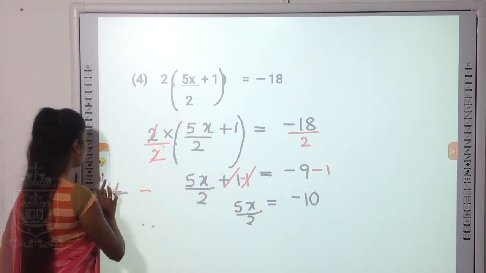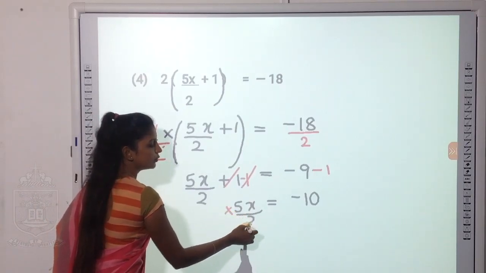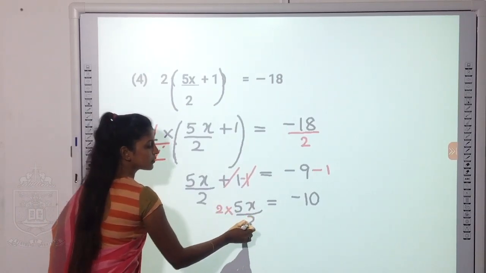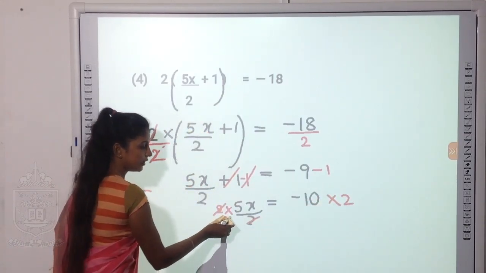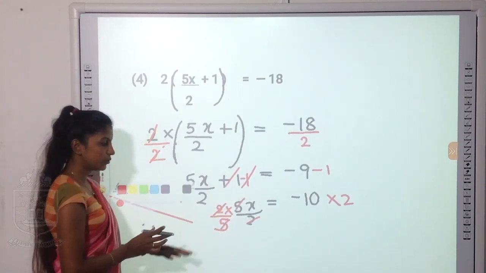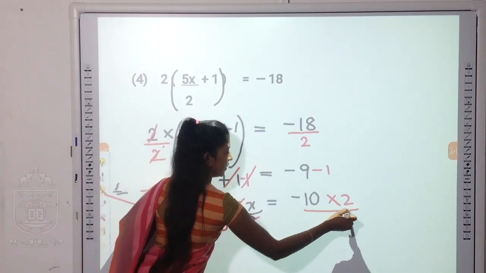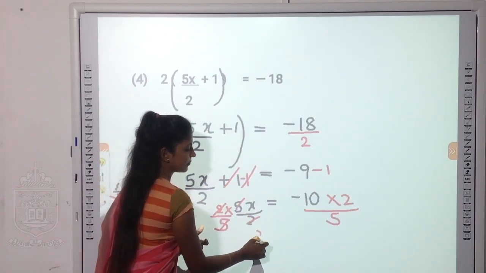And then our next step is to remove this 2 and 5. So in order to remove 2, you can multiply by 2. So 2 will cancel. This side can also be multiplied by 2, and we can divide by 5 in order to remove 5. Okay, you can do it in 2 steps also. So we have to divide. Then we will get the answer of x.